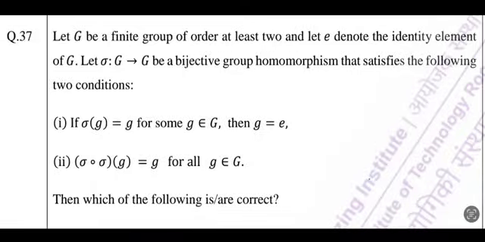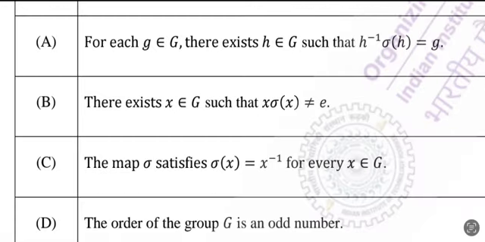For that, let us see here. Here you see option A: for each small g belonging to capital G, there exists h belonging to capital G. I will show this by going in the reverse direction. I will assume it for all h belonging to G, and thereafter I will again go in the reverse direction.